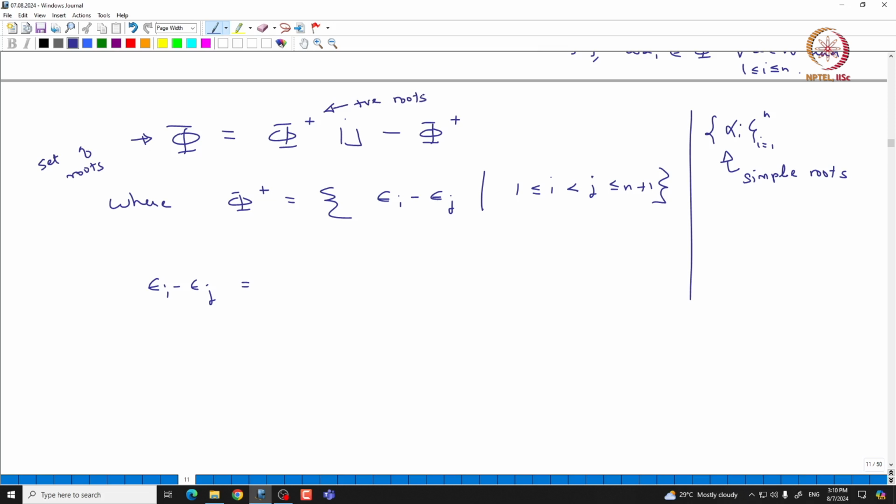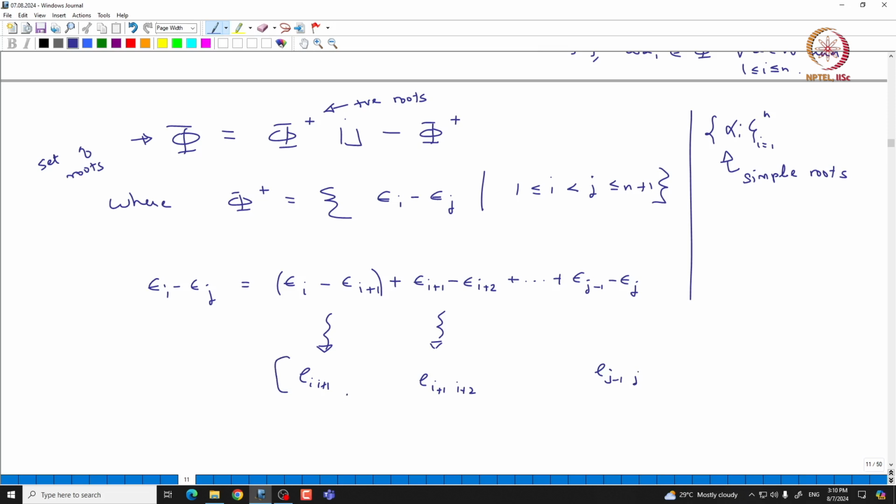Now, this epsilon_i minus epsilon_j is given by epsilon_i minus epsilon_{i+1} plus epsilon_{i+1} minus epsilon_{i+2} and so on, plus epsilon_{j-1} minus epsilon_j. This corresponds to the E_{i,i+1}, E_{i+1,i+2} and so on, up to E_{j-1,j}.